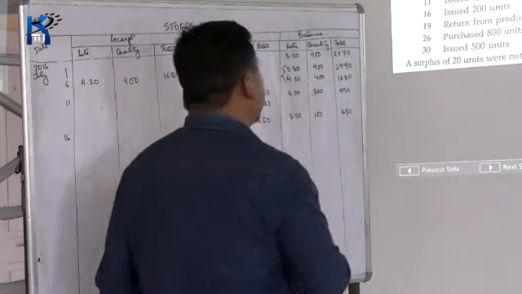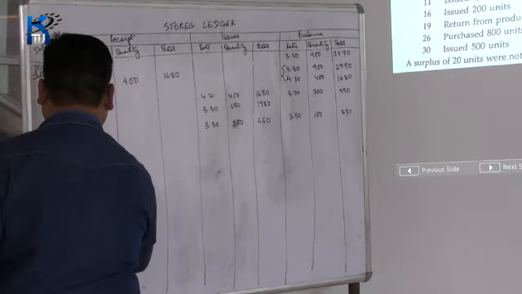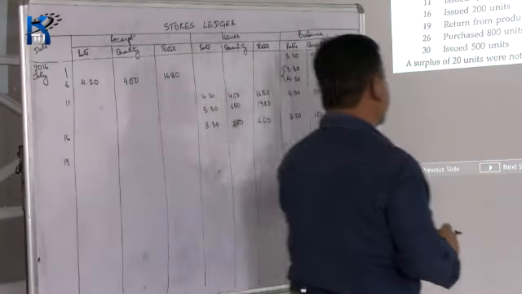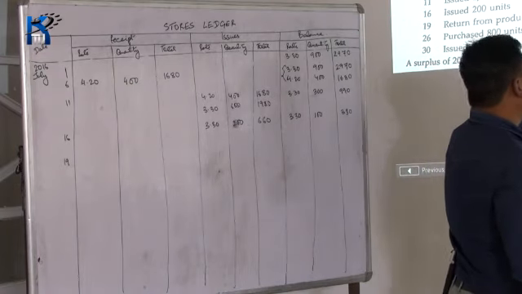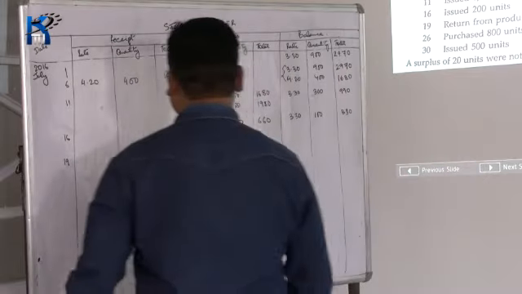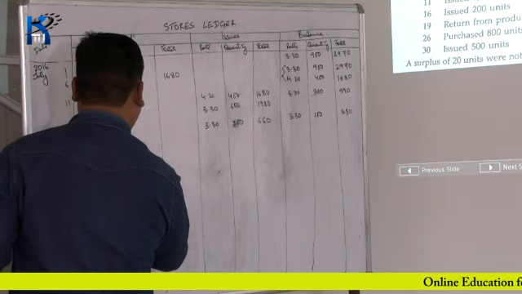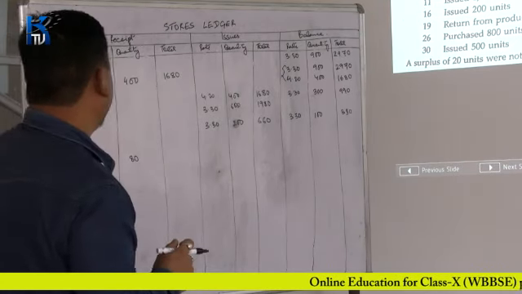Now the next date, 19th. On 19th, there has been a return from the production center of 80 units which had been issued on 11th July. So on 19th, there has been a receipt of 80 units from the materials issued on 11th July.